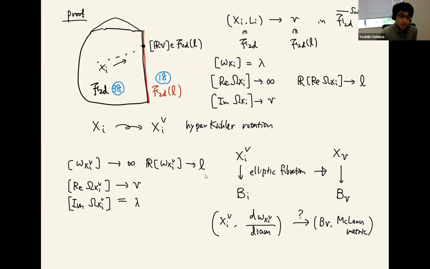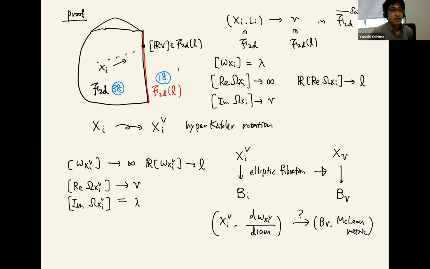So in this way, we can prove that in the neighborhood of this boundary point, we can define some elliptic fibration. For sufficiently large I, we obtain such elliptic fibrations. In other words, before the hyperkähler rotation, this is a special Lagrangian fibration.